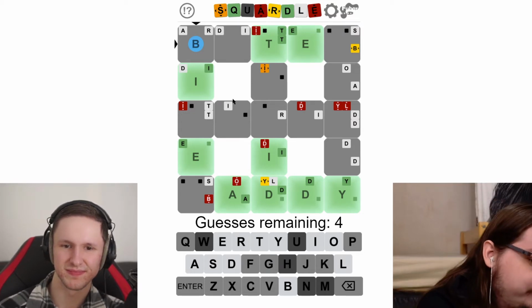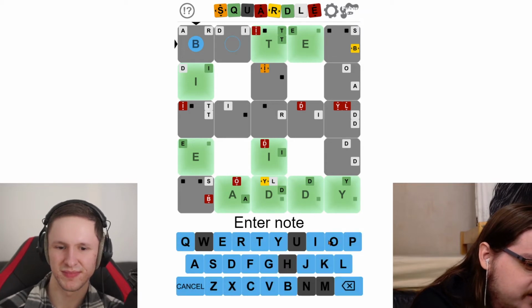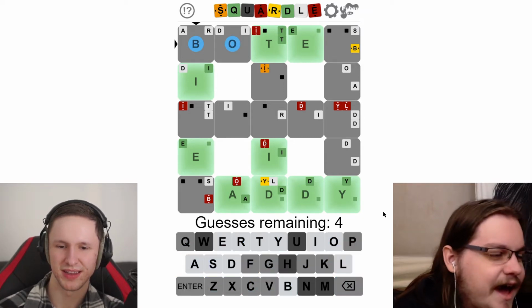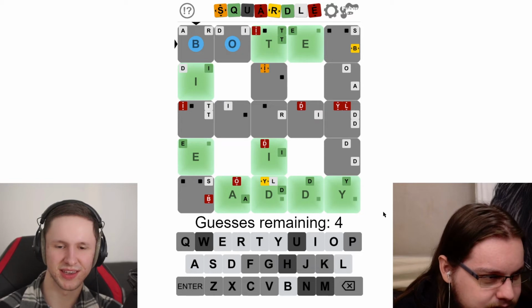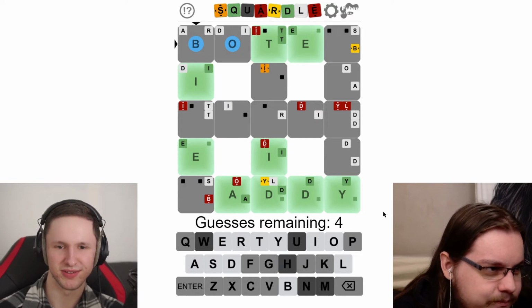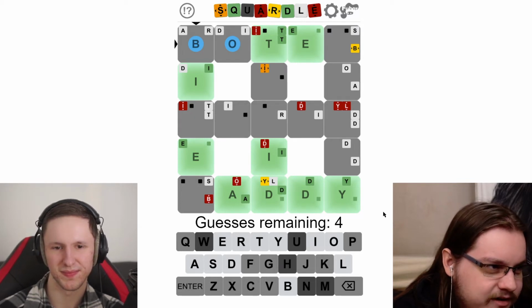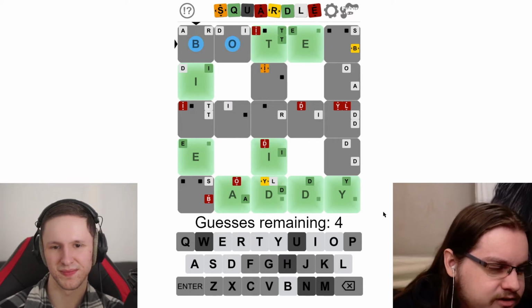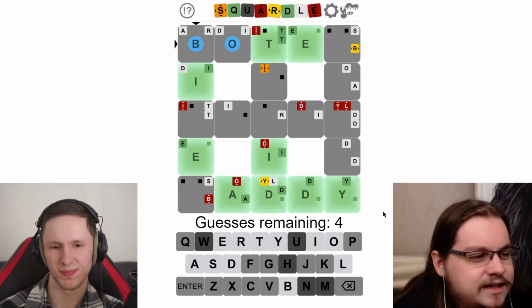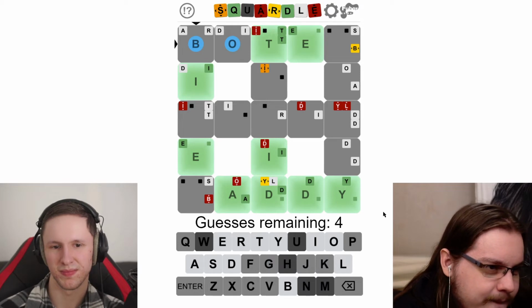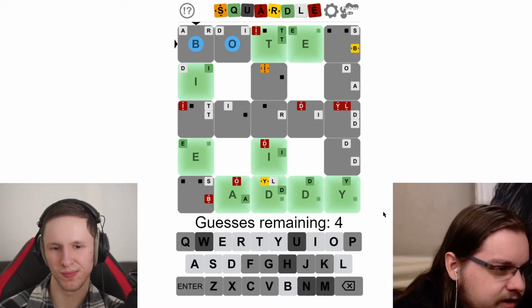Okay, can we just assume that this is maybe an O? It doesn't have to be. I was thinking of it too, but I'm not entirely sure if it is. Well, I was thinking, right? Vowels are somewhat limited. It could technically still be an A, we didn't exclude that. It could technically still be an E, which we didn't exclude. They both happen to already be in the row and column, but it doesn't necessarily mean that it can't be there.